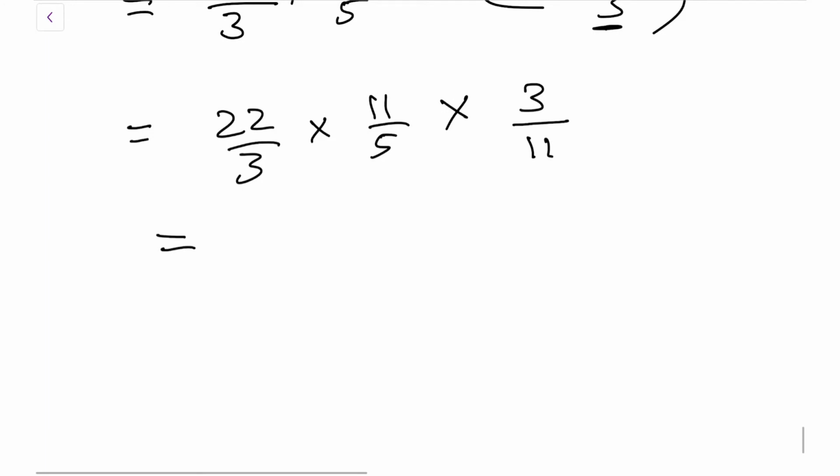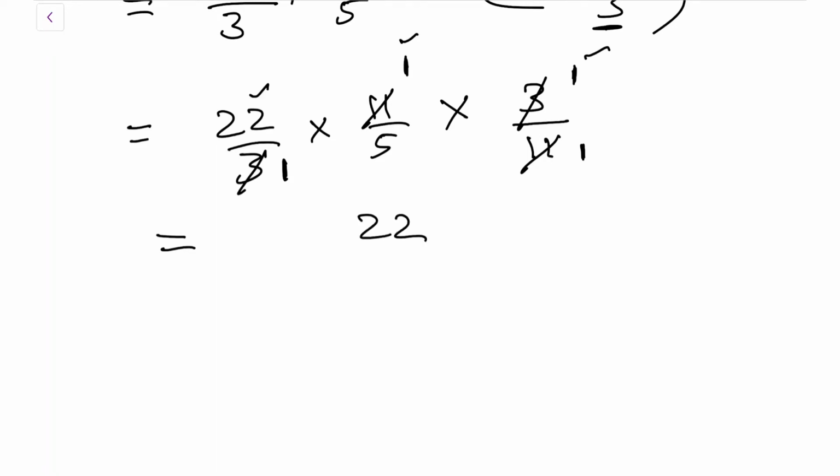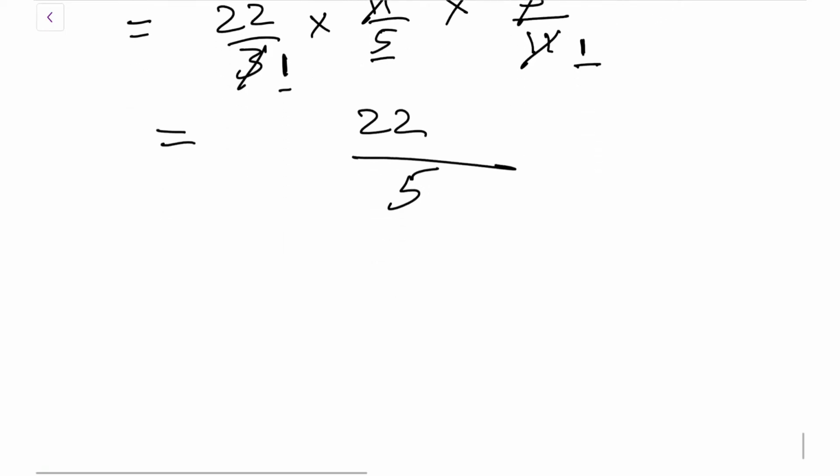Are there any common factors? We can see 11 is a common factor. 11 ones are 11, 11 ones are 11. 3 is also here. 3 ones are 3, 3 ones are 3. We can't find any other common factors, so we just have to multiply the numerators and the denominators. So let's multiply the numerators. 22 into 1 is 22. The denominators: 1 into 5 into 1 is 5. 22 by 5 is your answer.